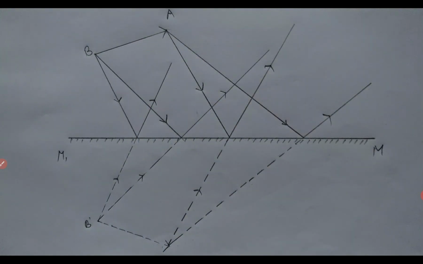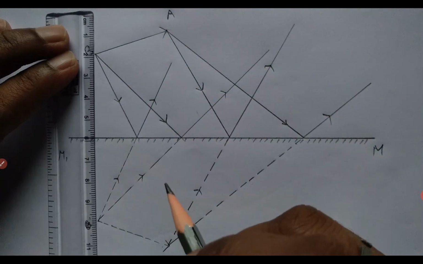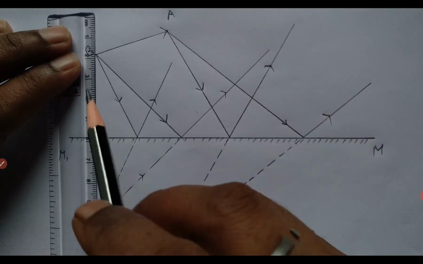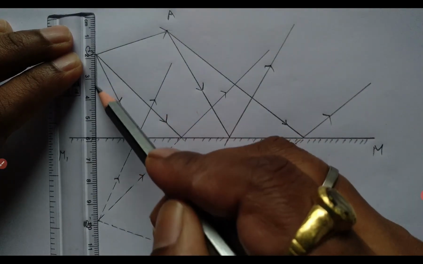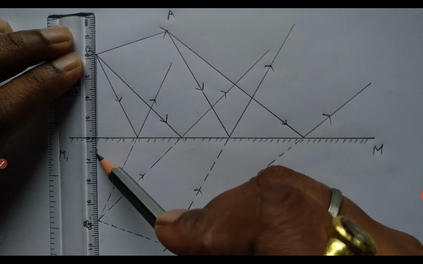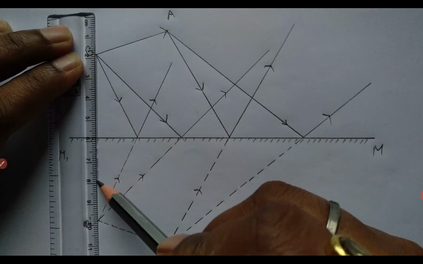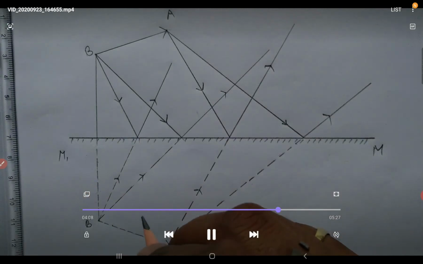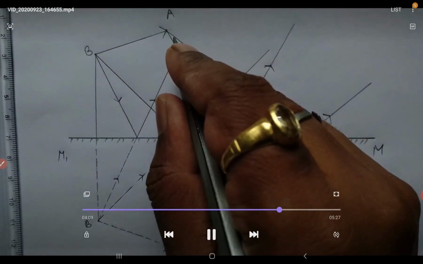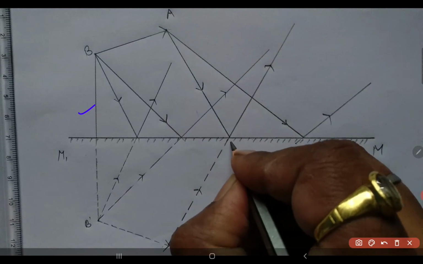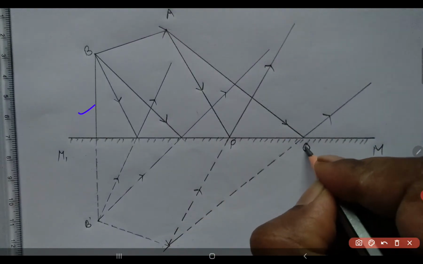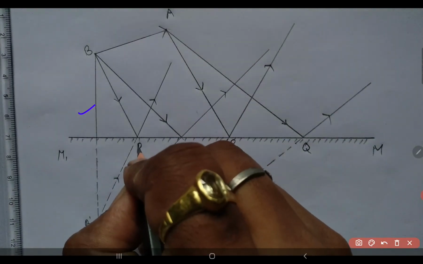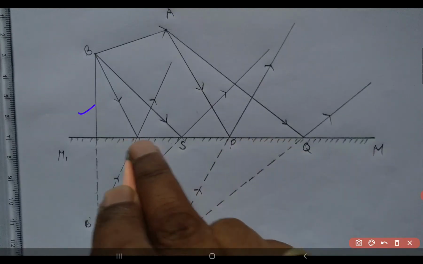Now the labeling part comes. A and B are already labeled. Remember, the distance of B and B dash from the mirror should be equal. As it is shown in the figure, I have drawn this particular line also. I am now labeling the points of incidence.